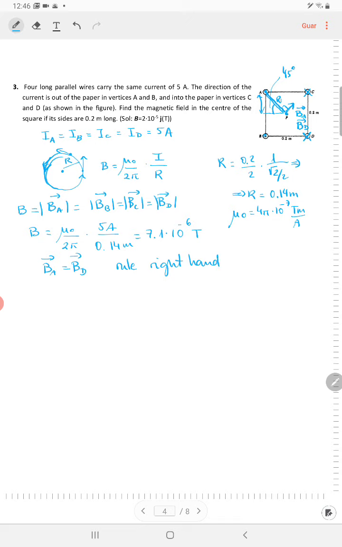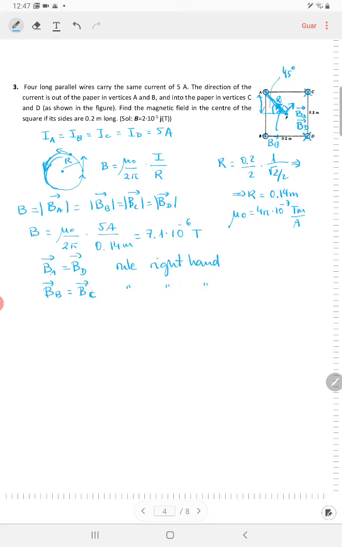Then for the wire B, if we use our right hand, the direction is going to be just this here. This is going to be B_B, because it has to be tangent to a circumference that has center in B and at point P. And if you do the same with C, you place your finger pointing into the screen, then you will realize that the magnetic fields of B and of C are also the same.